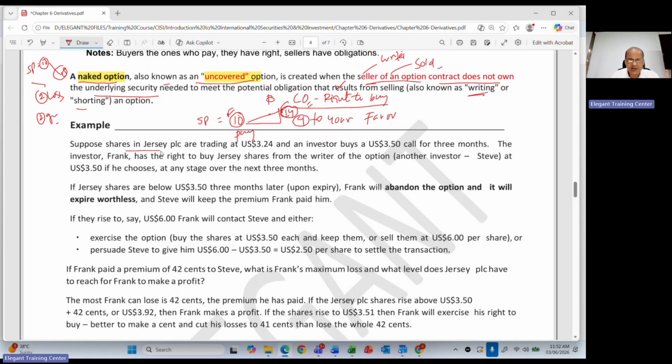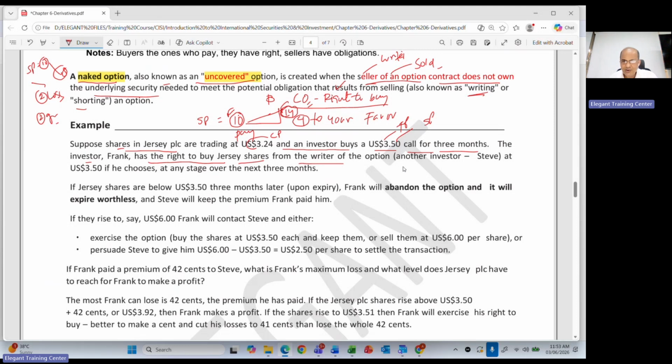Let's see this example. Suppose Jersey company, the shares are trading at 3.24 and an investor buys 3.5 call option for 3 months. This is your cash price. That's your future price. That's your strike price. The investor has the right to buy the shares from the writer.